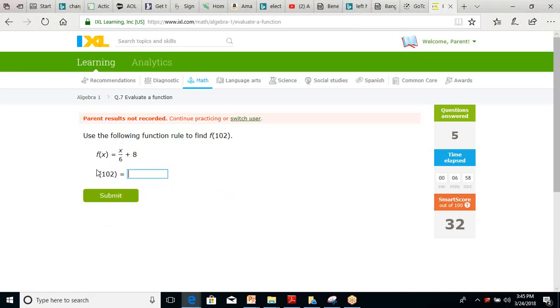So x is 102. 102 divided by 6 is 17, plus 8. That's 25.